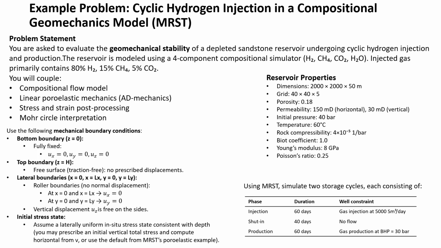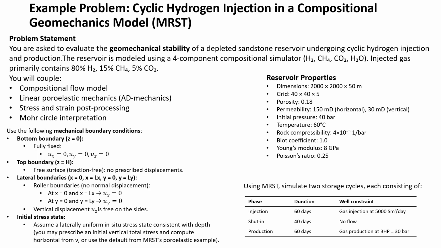So in this case, the reservoir is modeled using a 4-component compositional simulator. So we move from the black oil to the compositional simulator. So we inject gas primarily containing 80% hydrogen, 15% methane, and 5% CO2.